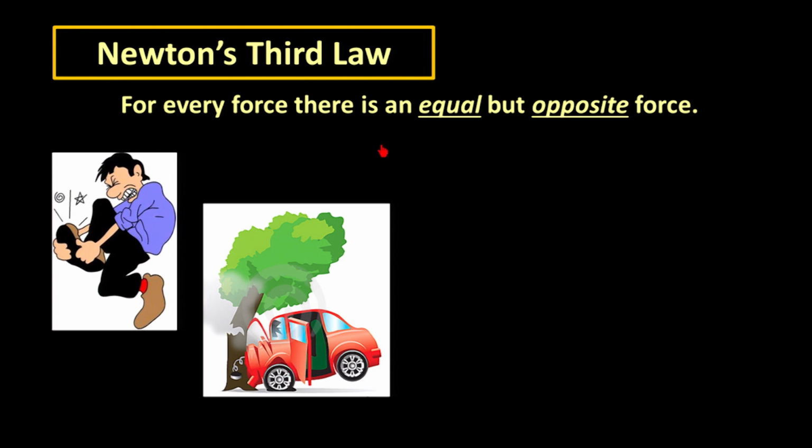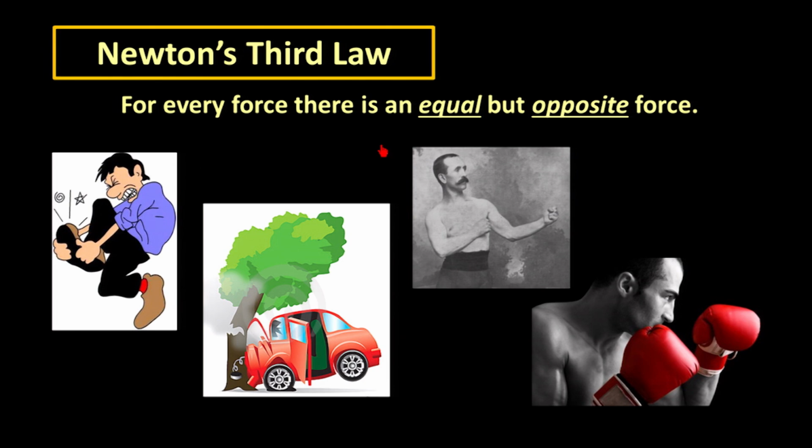Here's one last example. In the early days of boxing, this is like an old-timey boxer here, notice the mustache, they did not use gloves. And of course, they quickly figured out that you have to use gloves. The reason is that the amount of force that the boxer exerts by punching the other boxer in the face, that amount of force of the fist on his or her face would also be the same amount of force of their face on your fist.